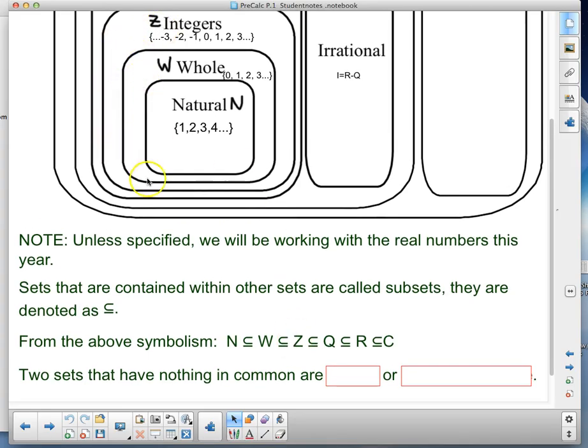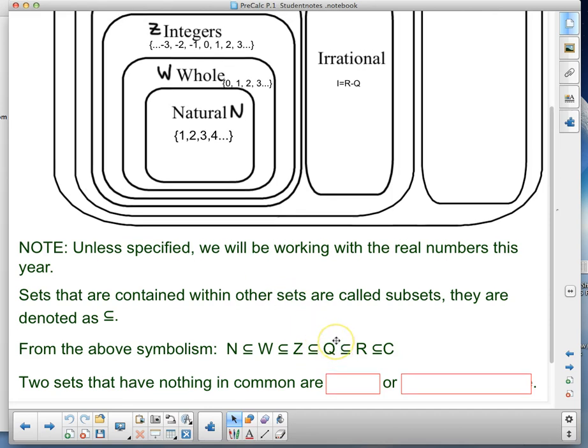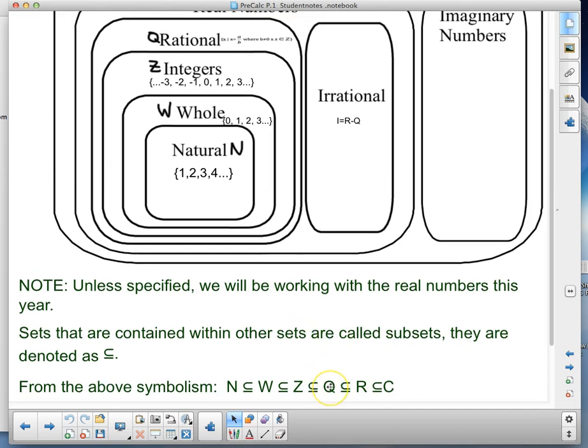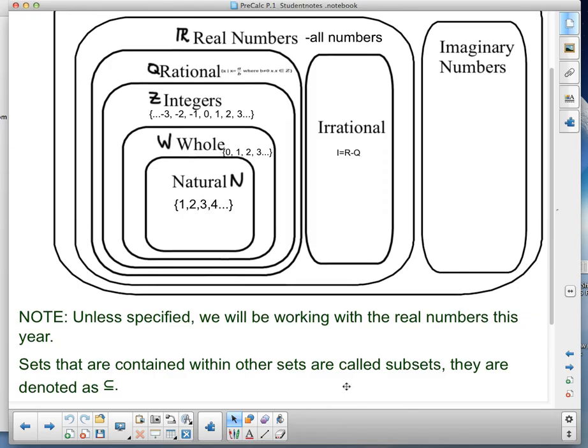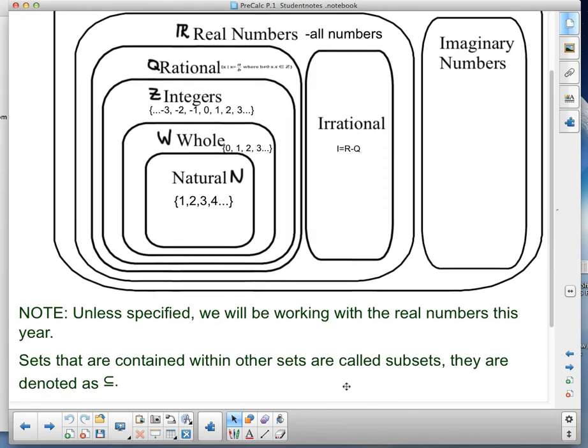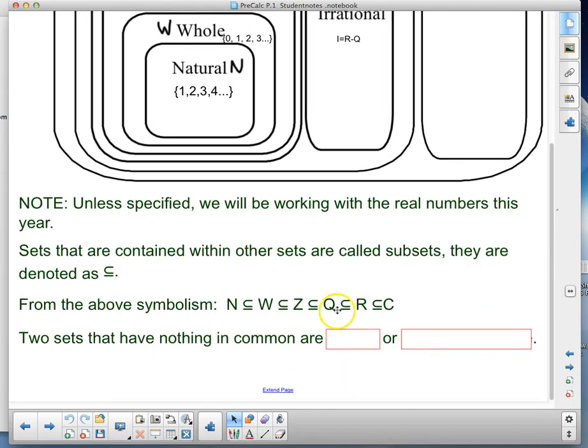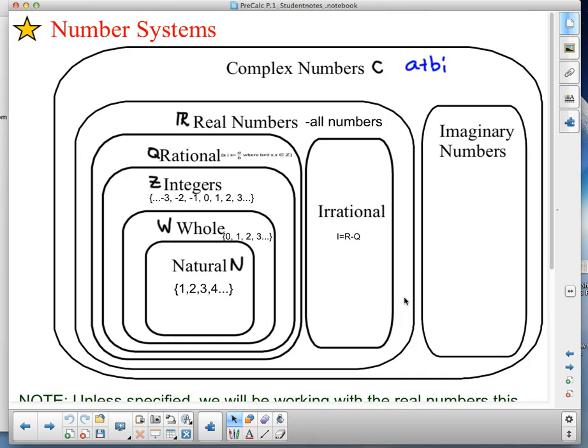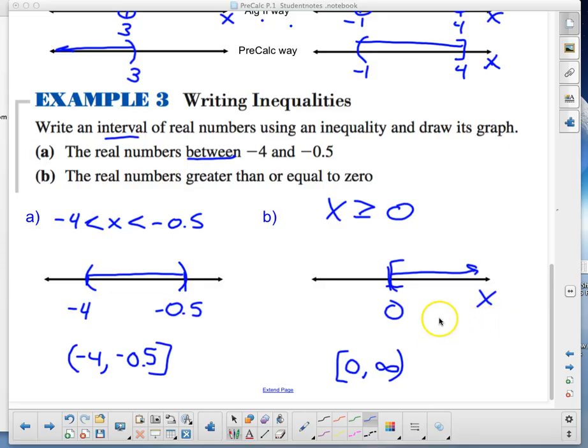And please notice how we got this picture set up, which is also contained inside the rational set, which is Q. And then we have that contained inside the real numbers, and all that, as we set up, is contained in set C, which is our complex numbers, as we look up at that set above.